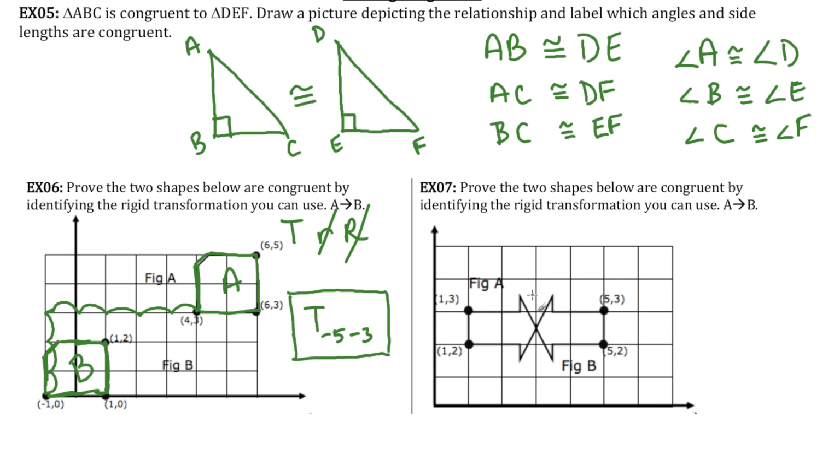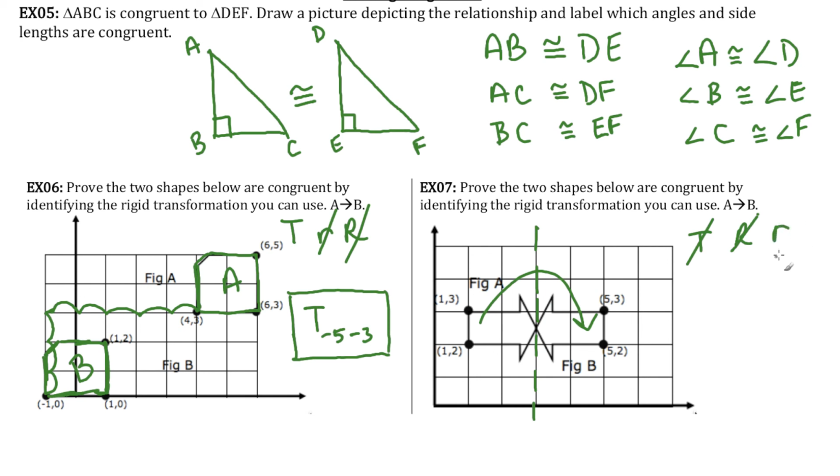Once again, we're going to prove that these two shapes are congruent by using a translation, a rotation, or a reflection. We're going from A to B. It looks like it was just flipped over this line right here. So it wasn't translated, it wasn't rotated, it was flipped.